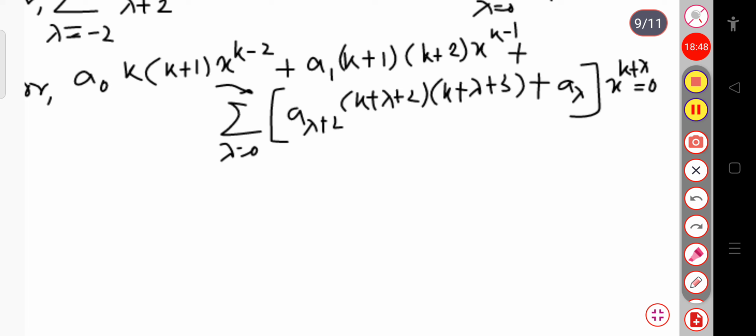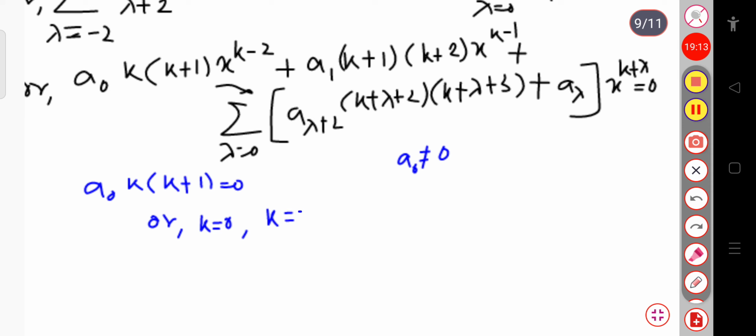So this is a naught k into k plus 1 equal to 0, and we know a0 is not equal to 0. So for that condition, obviously k into k plus 1 equal to 0, or we can write k equal to 0 or k equal to minus 1. So this is the next step, where we have calculated the values of k, that is 0 and minus 1.